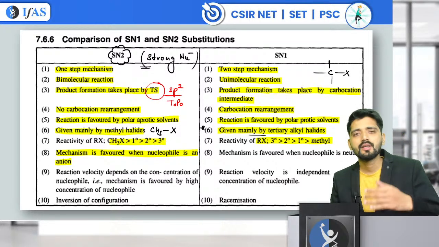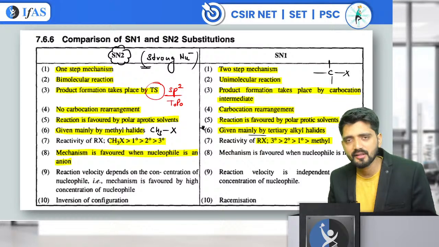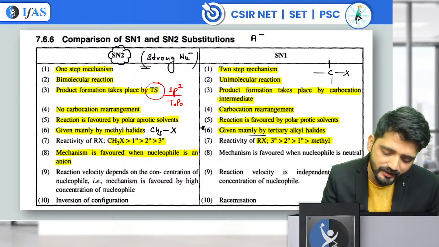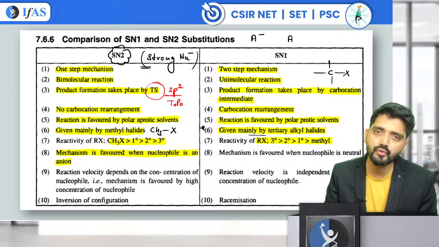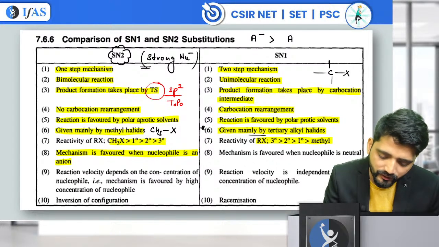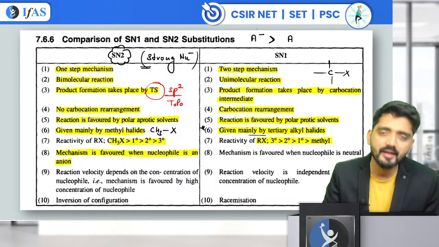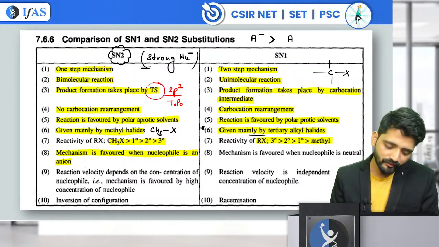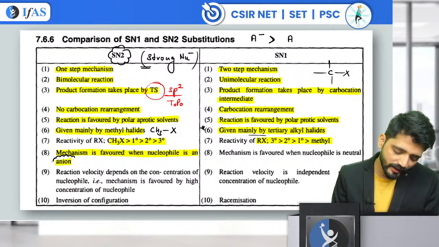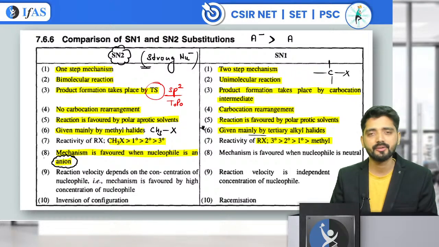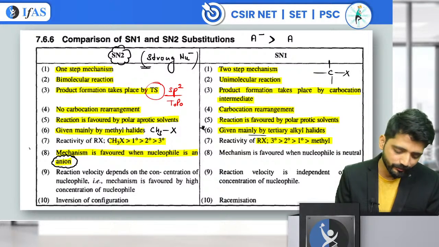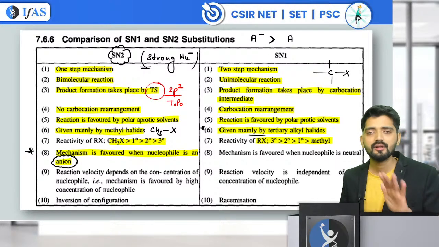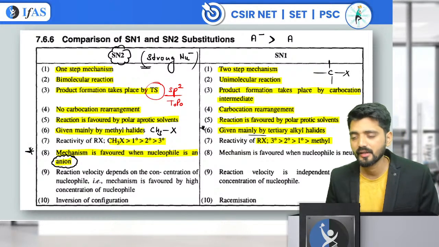Yes, because nucleophilicity matters in the SN2 reaction, and if we compare, let's suppose, an anionic nucleophile and a neutral nucleophile, the nucleophilicity of the anionic nucleophile is more as compared to the neutral. That's the reason we prefer a nucleophile which is anionic in nature. Did you get point number 8? This I didn't cover in the previous section, but it has been covered here.